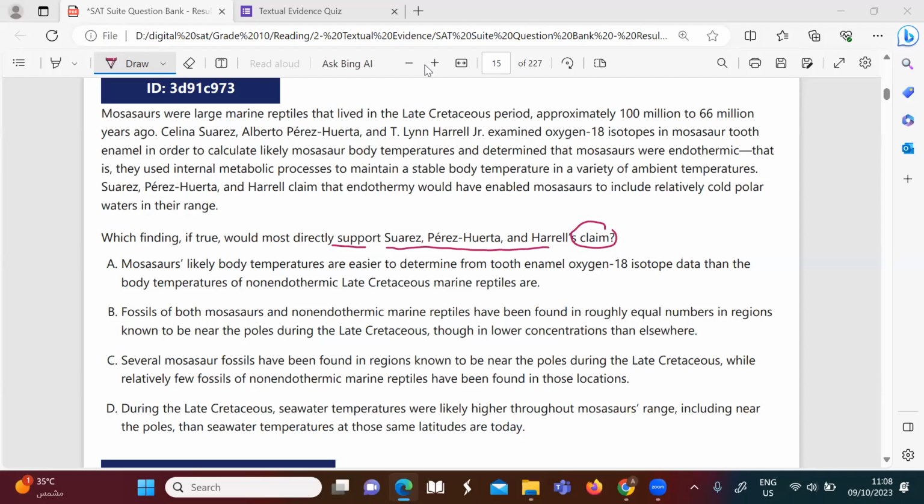Which finding, if true, would most directly support the claim? Let's start from the very beginning. I know that the claim is at the end, but we need the context to understand.